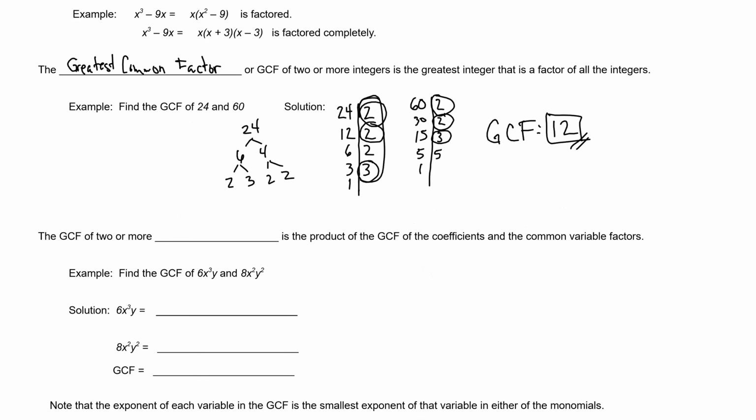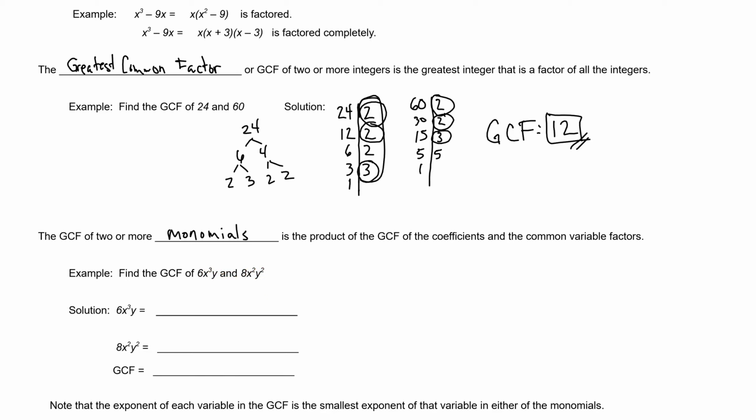The greatest common factor of 2 or more monomials is the product of the greatest common factor of the coefficients, which is the numbers before the variables, and the common variable factors. As an example, find the greatest common factor of 6x cubed y and 8x squared y squared.